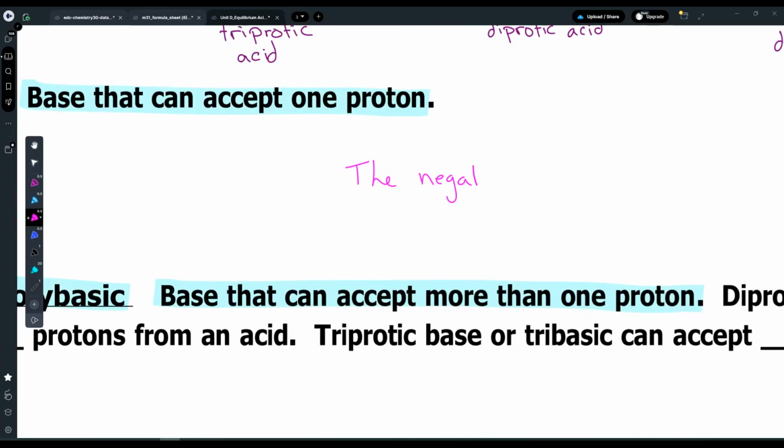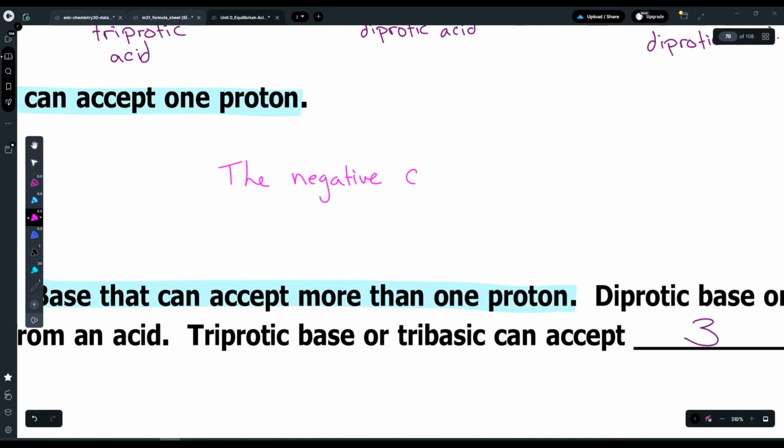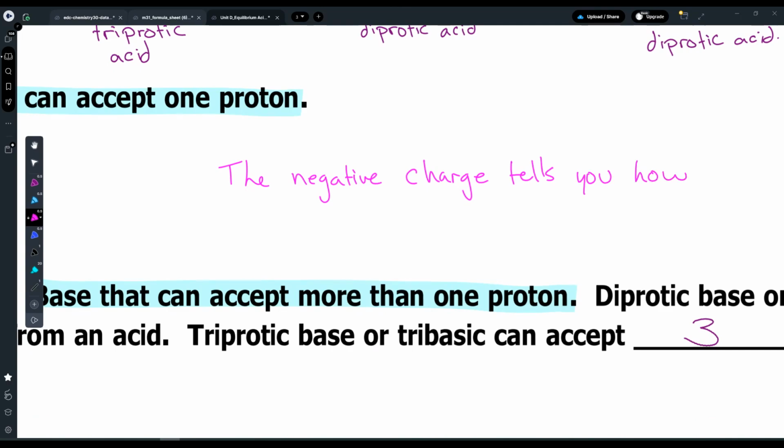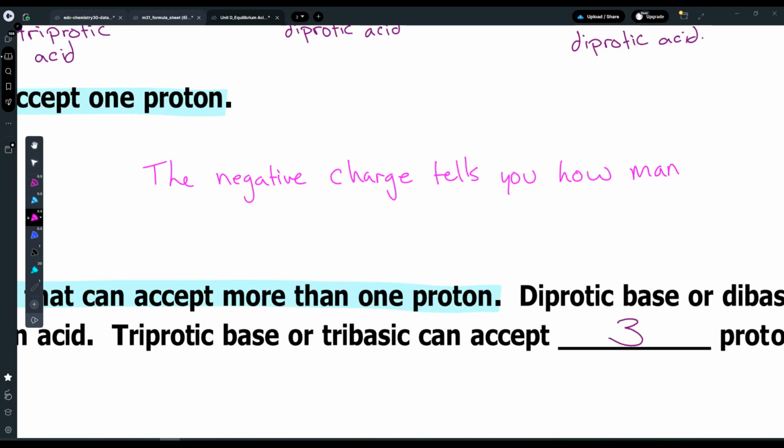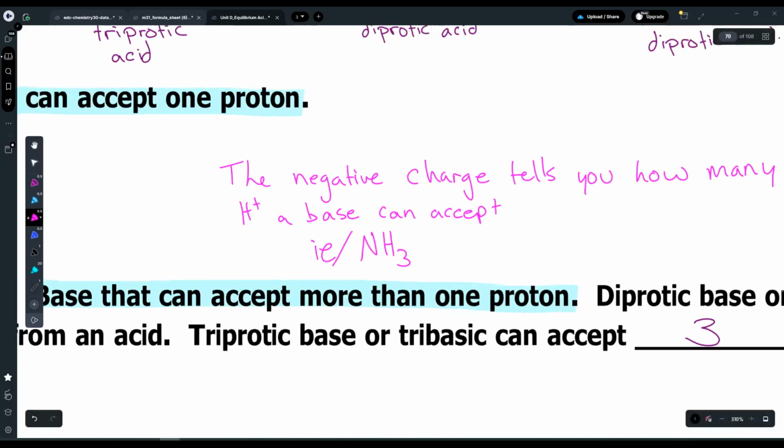The negative charge tells you how many protons a base can accept, and of course we have to list at least one exception, but the most notable exception would be ammonia. So you just have to know that ammonia can accept one hydrogen.